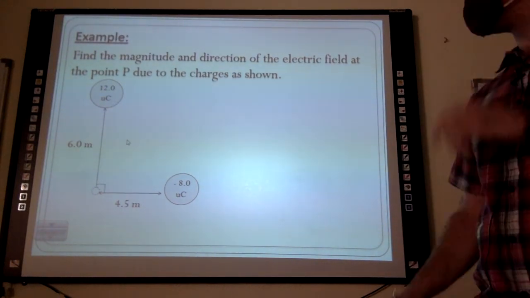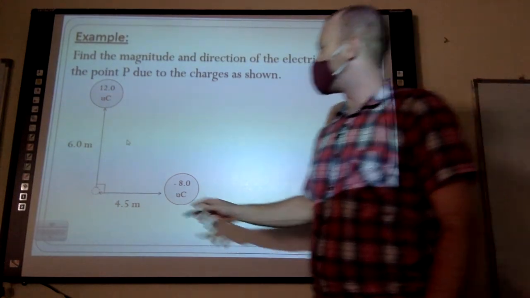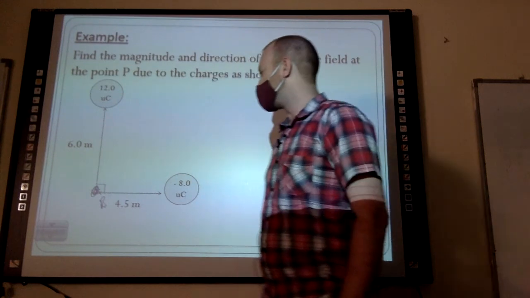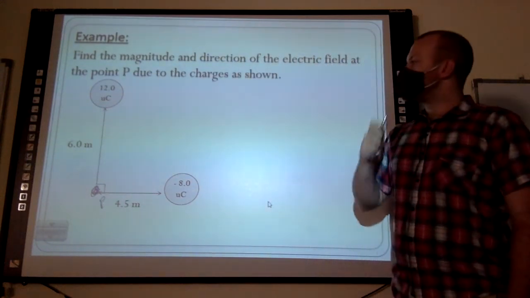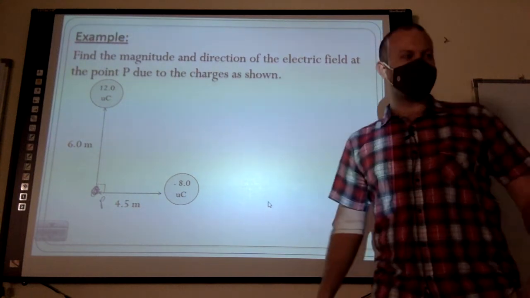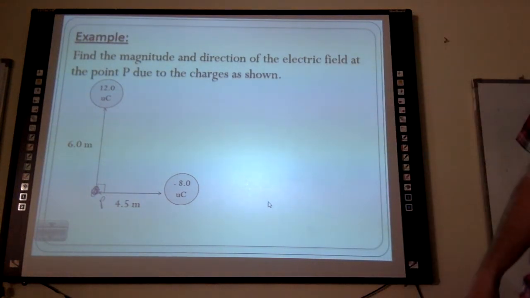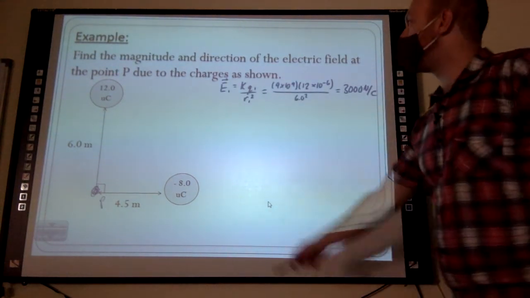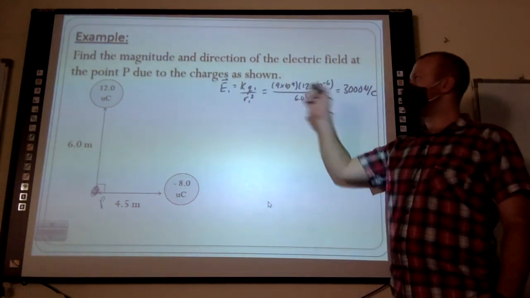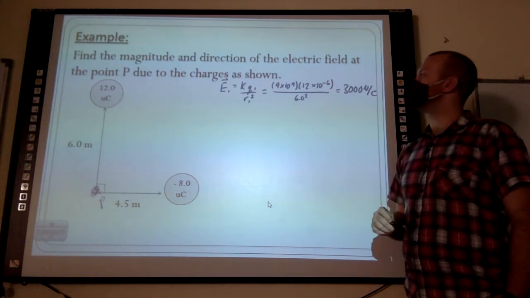So let's calculate these. If this is my point here, we call this point P, it doesn't really matter. First thing we need to do is figure out what is the electric field due to our two charges. Electric field 1 from our 12 microcoulomb charge is kQ1 over r1 squared.